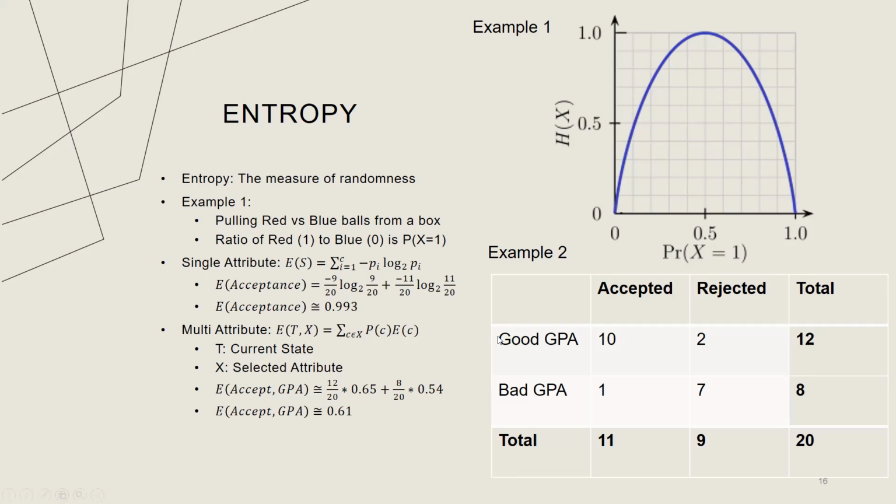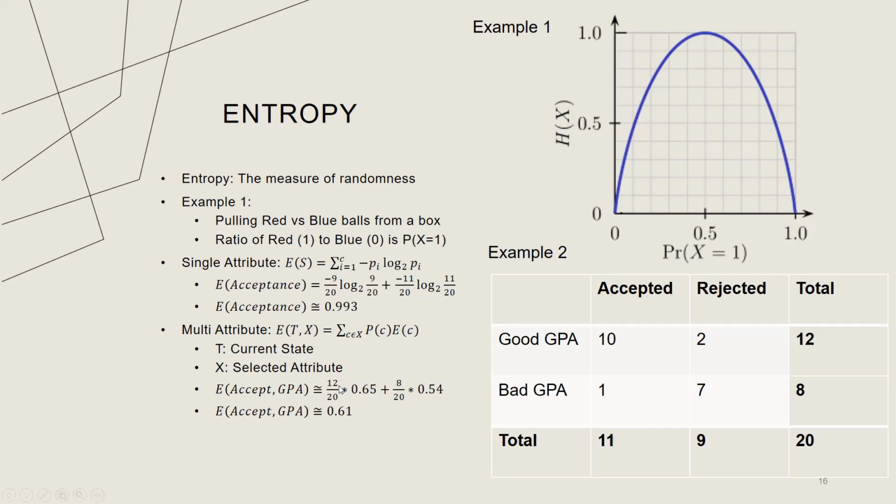Let's check out this equation here. Again, I don't expect anyone to memorize this. I'm just going to go over the math. Just understand the concept that entropy is randomness, which is really all you need to grasp here. So multi-attribute says, let's check the probability of a certain thing happening.